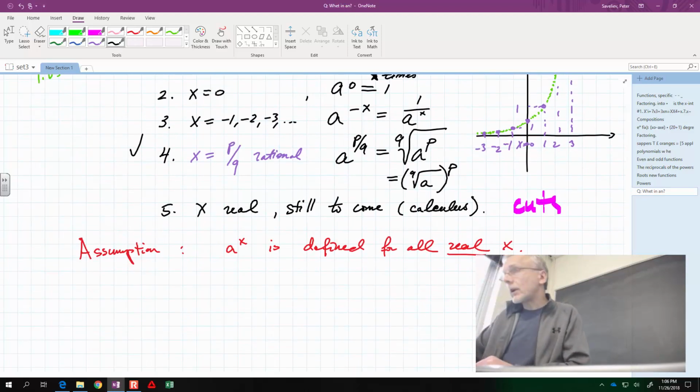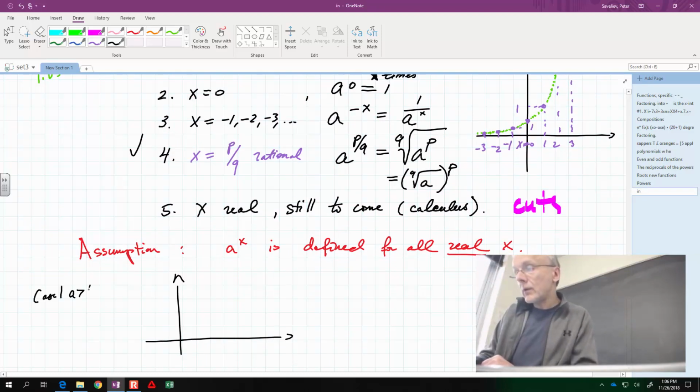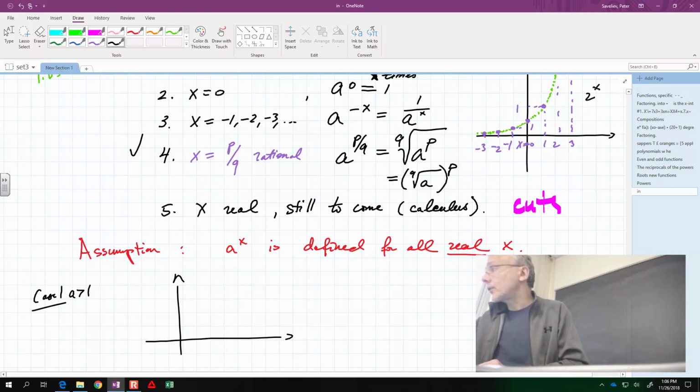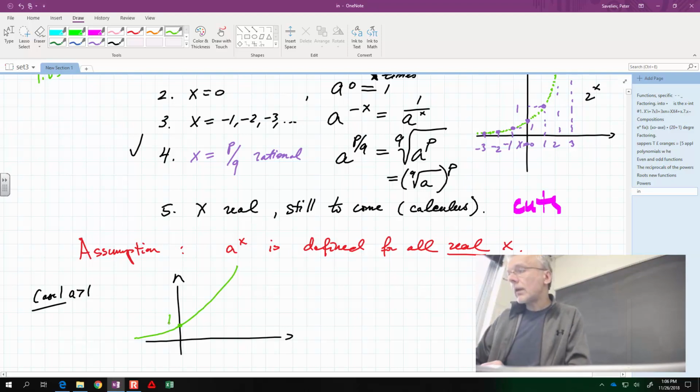In fact, there are two main cases. Case number one is a larger than 1, like 2 to the x. It looks like this, passing through 1 and then increasing, probably faster, and that is the reason for using the expression exponential growth.